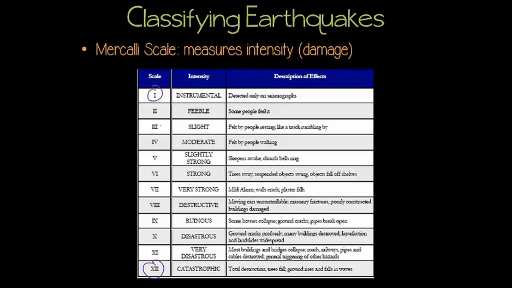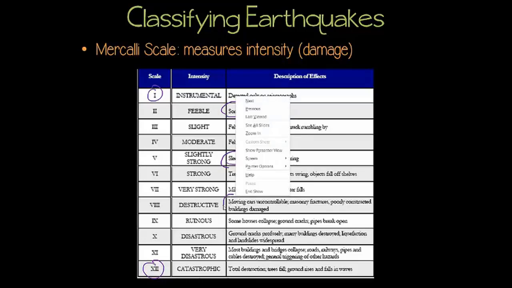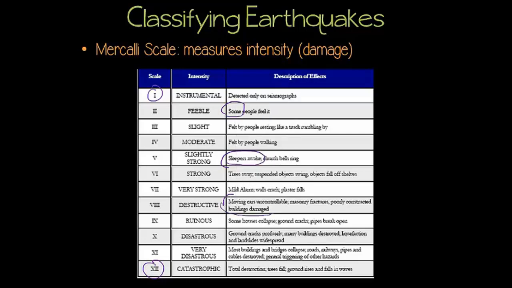So a level 2 earthquake is described as being felt by only some people, while a level 5 earthquake is going to be strong enough to wake sleeping people up, and everyone's going to feel that one. While levels 8 and 9 earthquakes are where buildings and houses start collapsing.